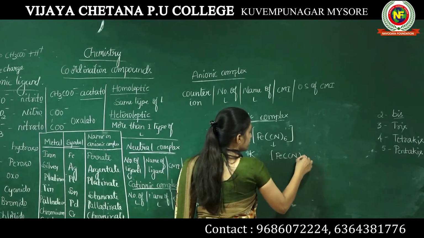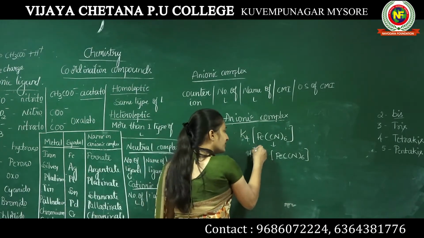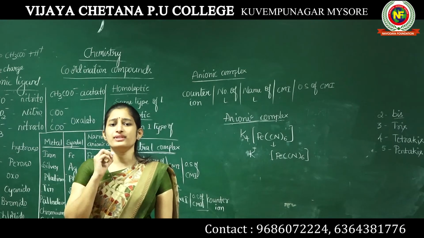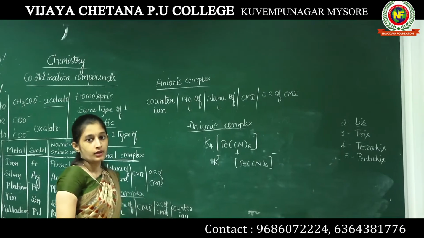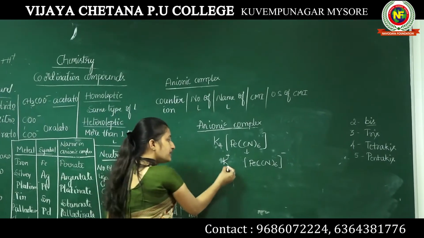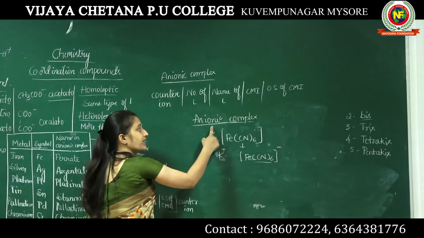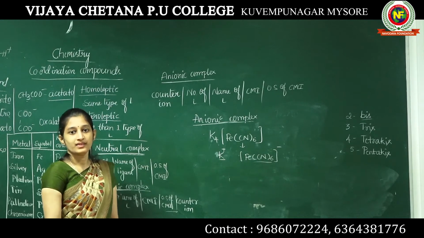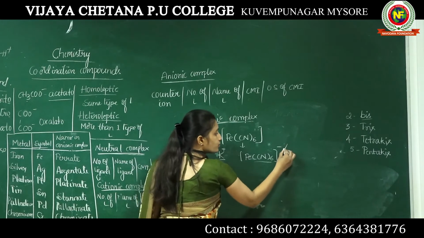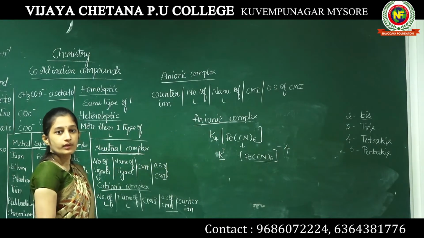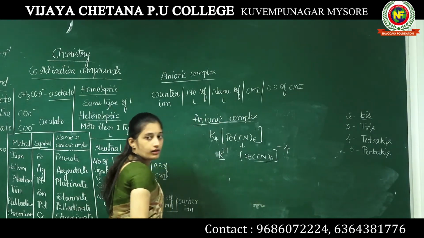K, Fe(CN)6. One is positive, one is negative. This one is simple, this one is complex. The complex carries negative charge, that's why it's an anionic complex. This 4 will go here, so minus 4, and here nothing means 1, so plus 1.